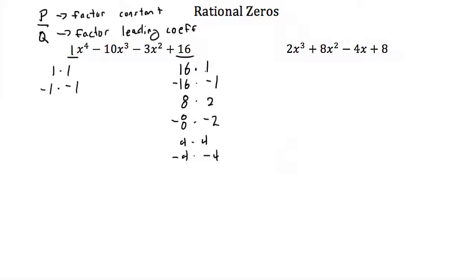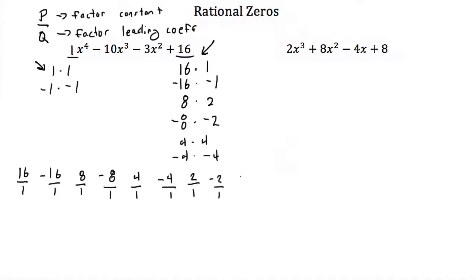So if we put every combination of these numbers in for p, and every combination of these numbers in for q, then our possible rational zeros would look like 16 divided by 1, negative 16 divided by 1, 8 divided by 1, negative 8 divided by 1, 4 divided by 1, or negative 4 divided by 1, 2 divided by 1, or negative 2 divided by 1, or 1 over 1, or negative 1 over 1.